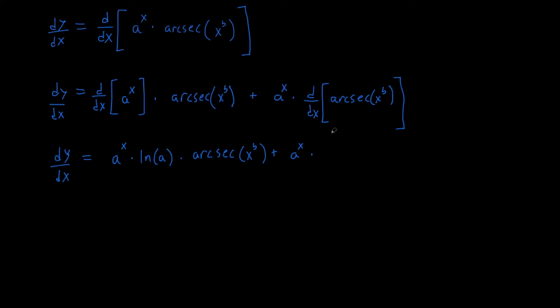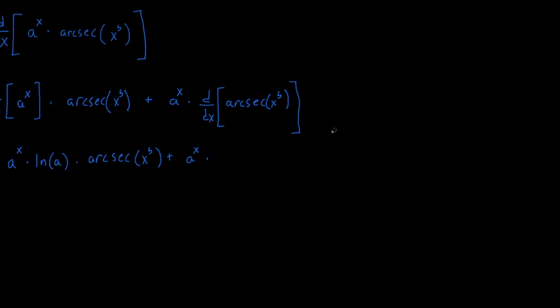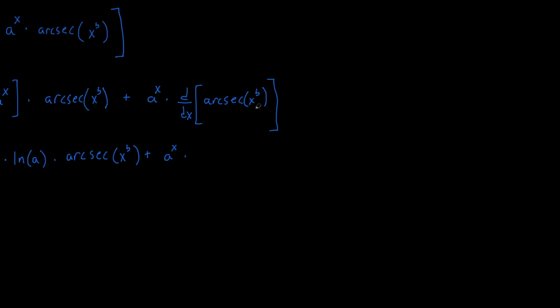Well, we have an x to the b function nested inside the arcsecant function. So let's take that derivative over here.